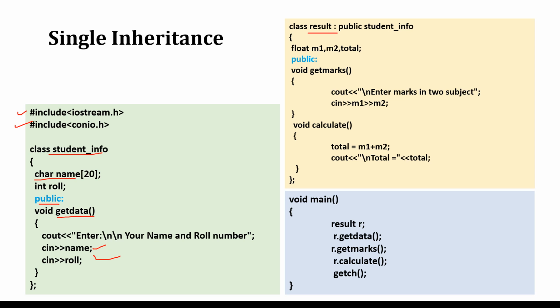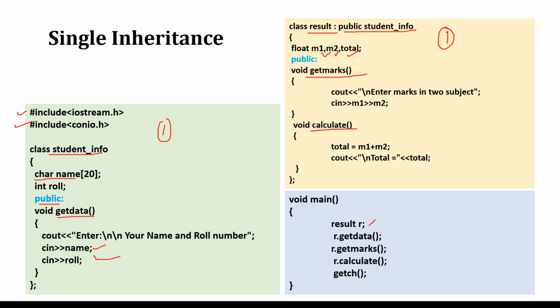Now you can see the class result is derived from student_info publicly, having variables such as mark1, mark2 and total. There is a function to get marks and calculate the total. These two functions are declared and defined in the class result. Since there is one base class and one derived class, it is a case of single inheritance.